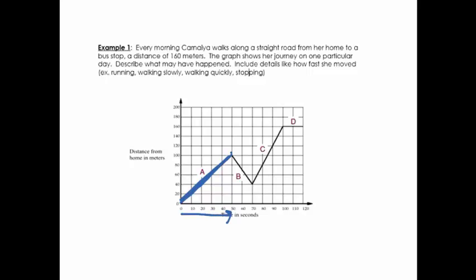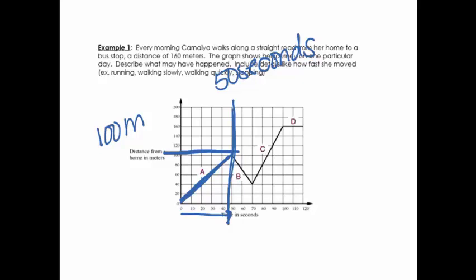This is the first 50 seconds of time. So I'm going to make that note, 50 seconds. And we should also see that she's getting to be about 100 meters from home. So we know in the first 50 seconds she's 100 meters from home.